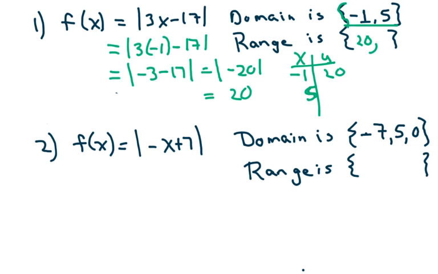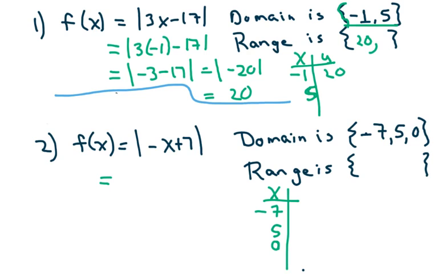And now let's look at this one. We have 3 members of our set. We have negative 7, 5, and 0. So we're just going to evaluate and plug this in. Oh, we forgot to do 5. So let's plug in 5 here. Let me do that in a different color. I'm back up here.